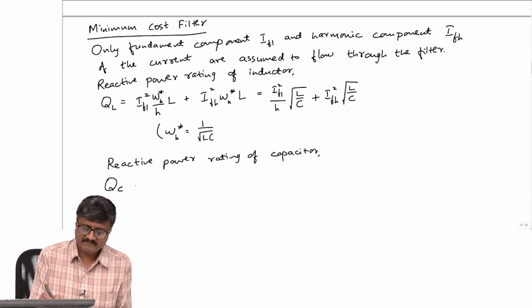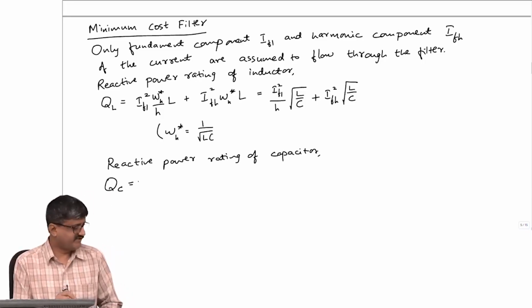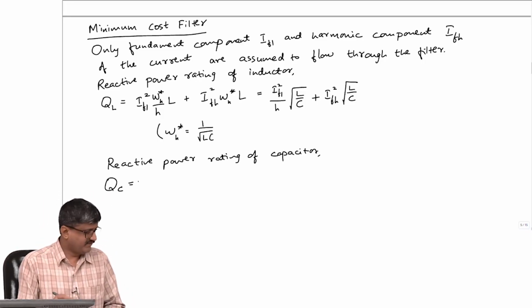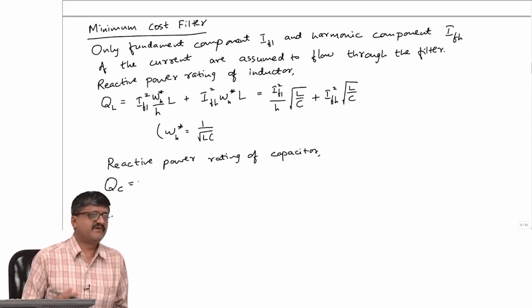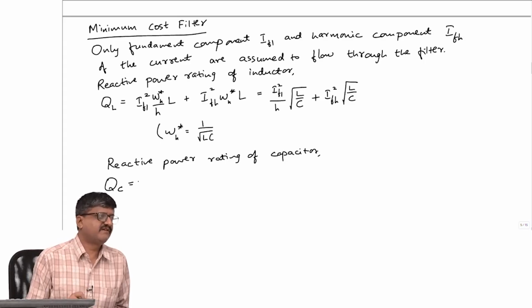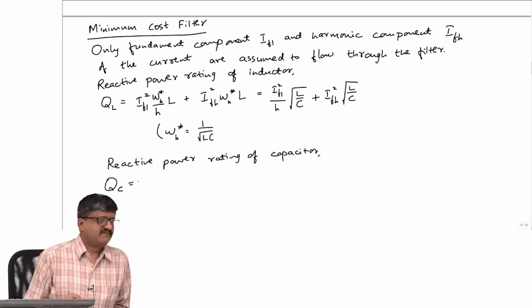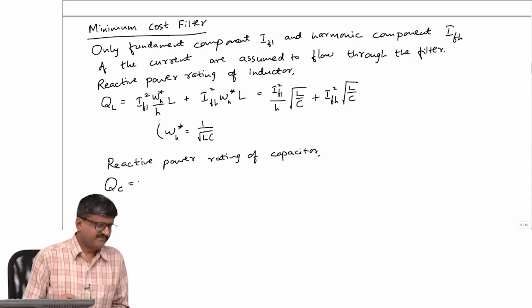QC is the notation for it. Again I can use the Budanu definition of reactive power and write the reactive power rating as the sum of two reactive powers, one for the fundamental, one for the harmonic. I will stop here, continue from this point in the next class, then complete the design.